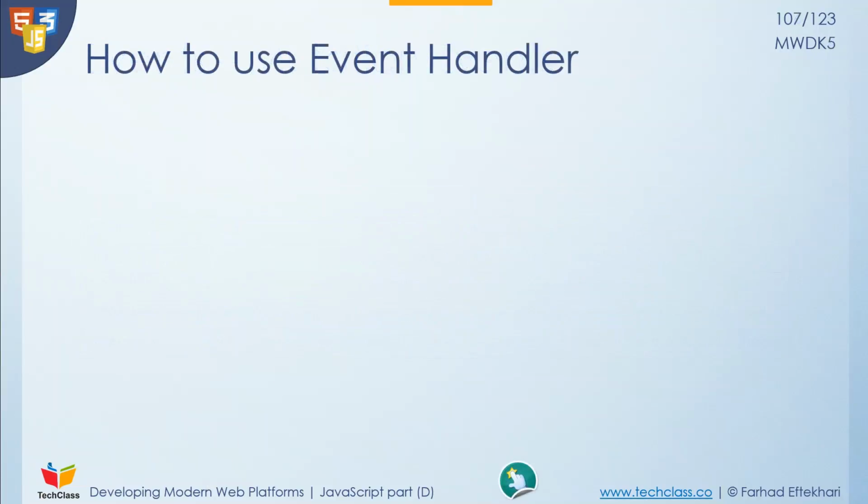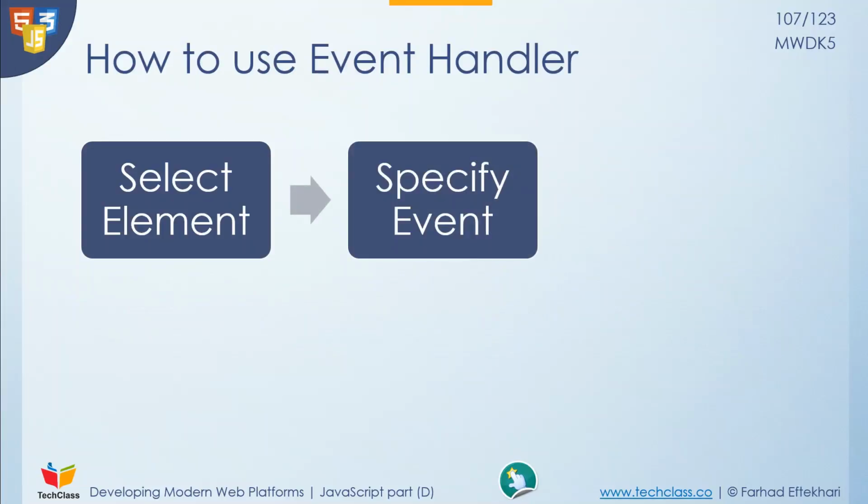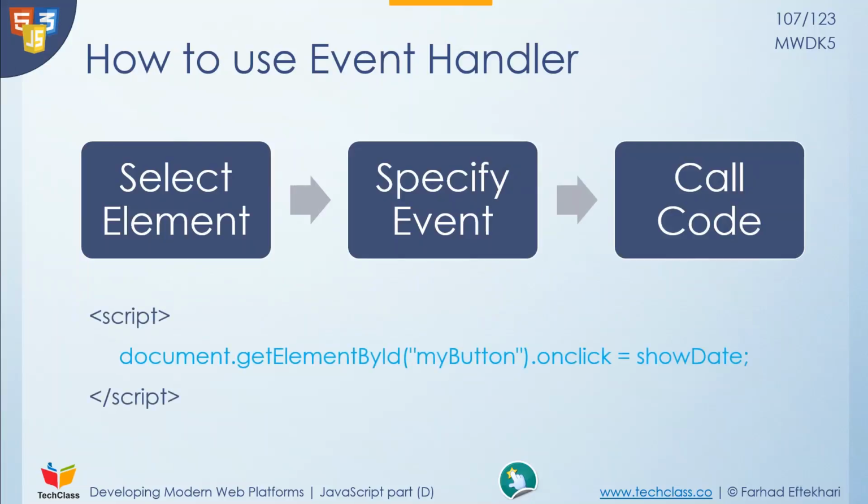Right, now let's see how we can use an event handler. So to manage events and handle them, first of all, we have to select the element, specify an event, and call the code when an event occurs. So here's an example. You can see that we are accessing this element, whose ID is myButton, and then we have this onclick method here.